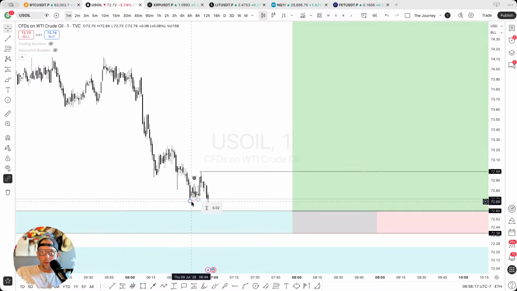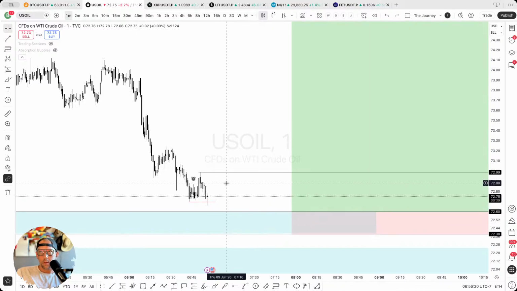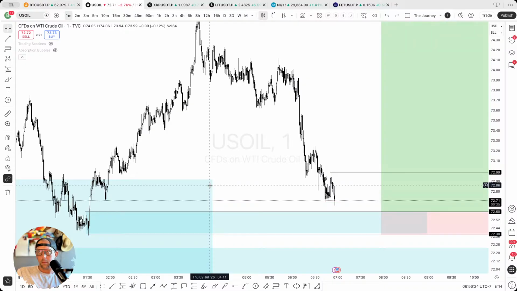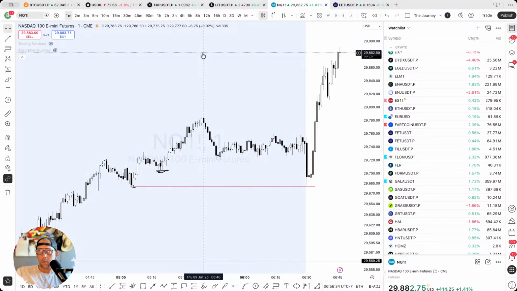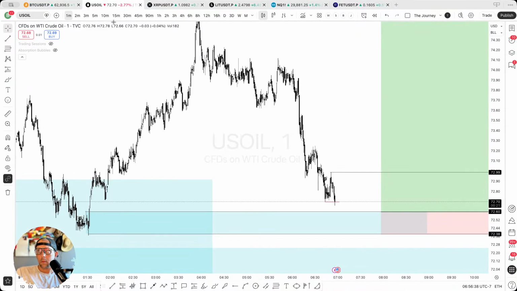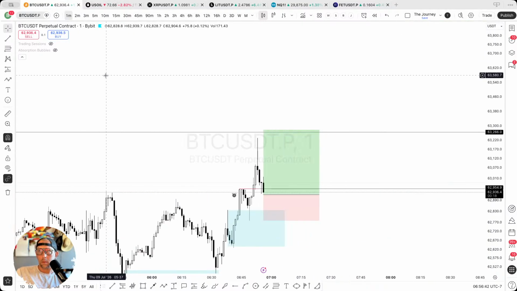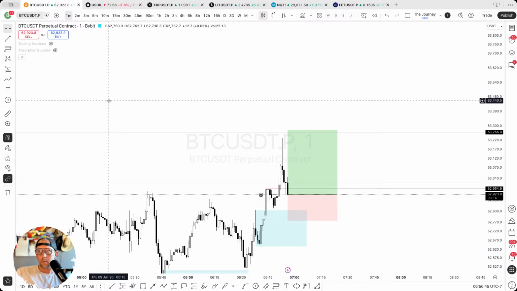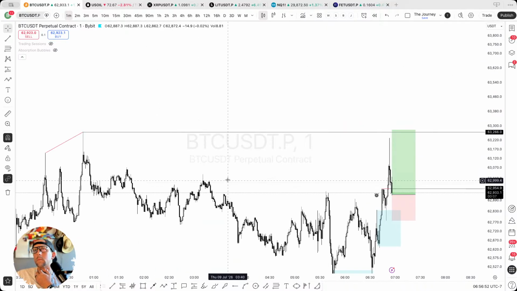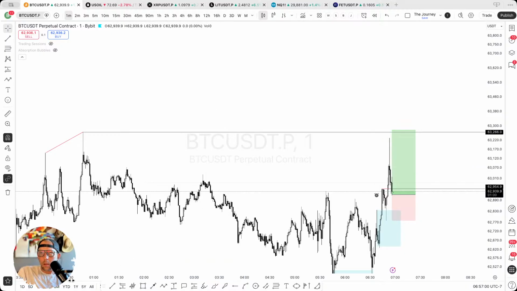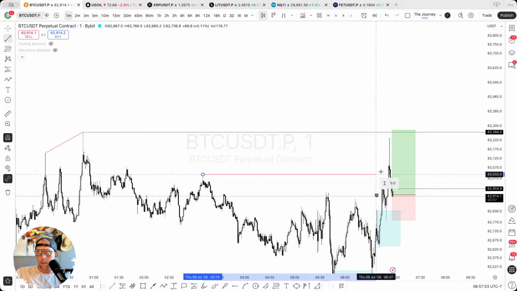Ooh, see that wick snap? I see we wiped these two highs, but man, it's a deep retracement.